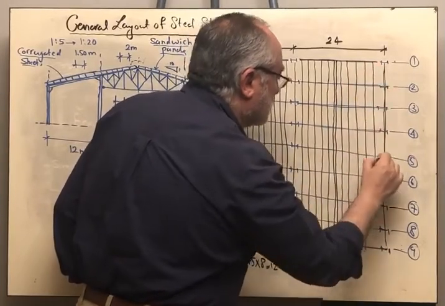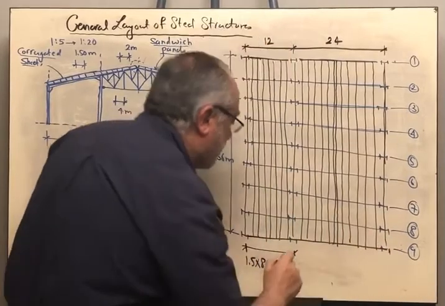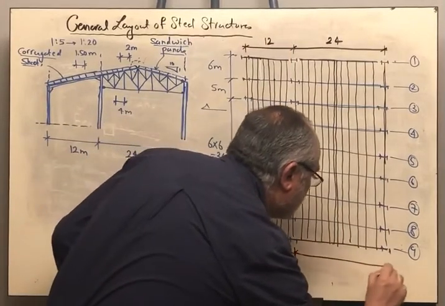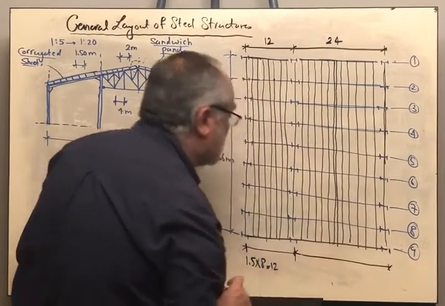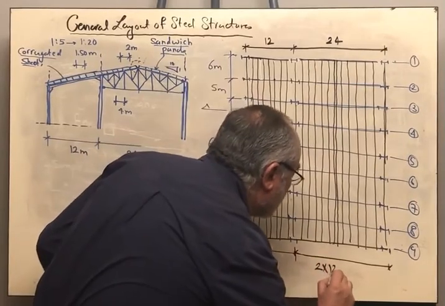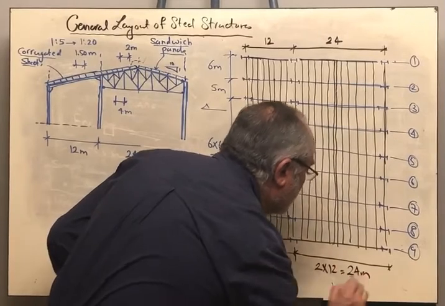Very good. We can write here that this is 2 multiplied by 12 equals 24.